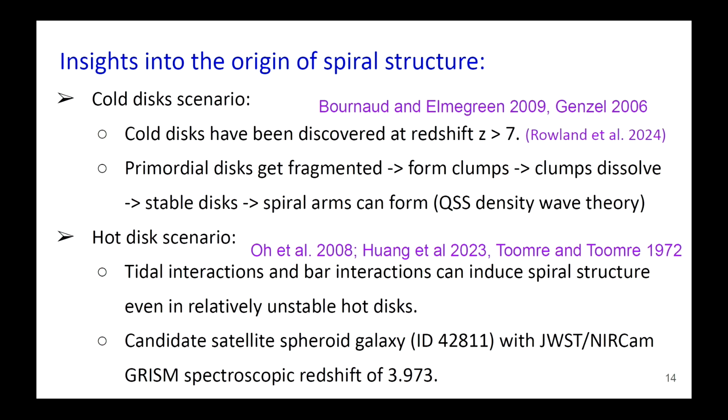And there is another hot disk scenario in which tidal interactions or bar interactions can also lead to the formation of spiral structure. And as I have told earlier, in this case we have a candidate satellite galaxy, which might be responsible for tidally interacting and forming spiral arms in this galaxy.